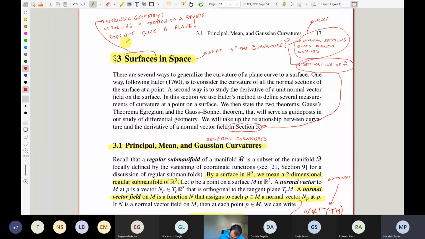And not because of you. This doesn't happen because it cannot happen, because the sphere, as a surface, is intrinsically curved. And we will now talk about this.